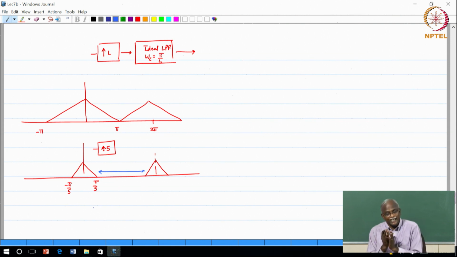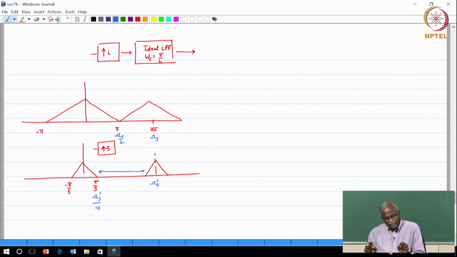Now, this is exactly the same thing that would have happened if you had taken the original band limited signal and sampled it at 5 times higher than Nyquist, because when you sample at Nyquist, you get the spectrum exactly from minus pi to pi. If this is omega s, this will be omega s by 2. But if this is omega s, your new frequency, then because it is 5 times higher, this will be omega s by 10.